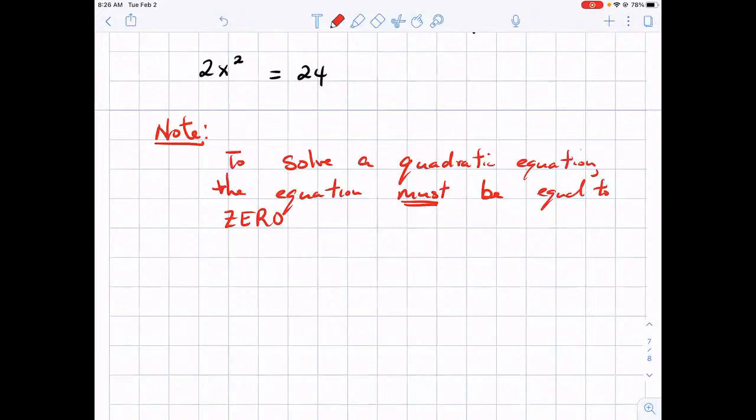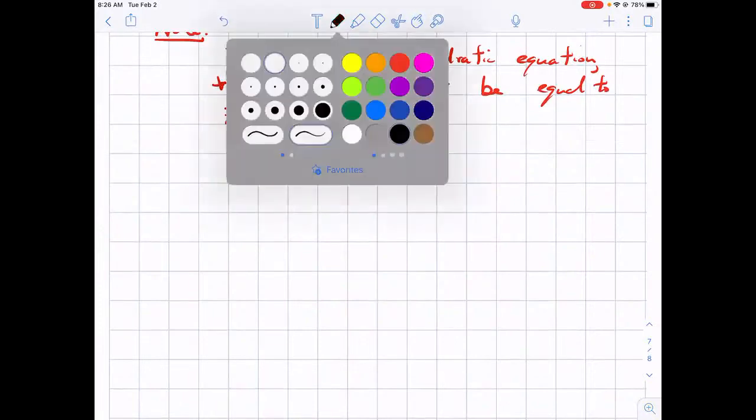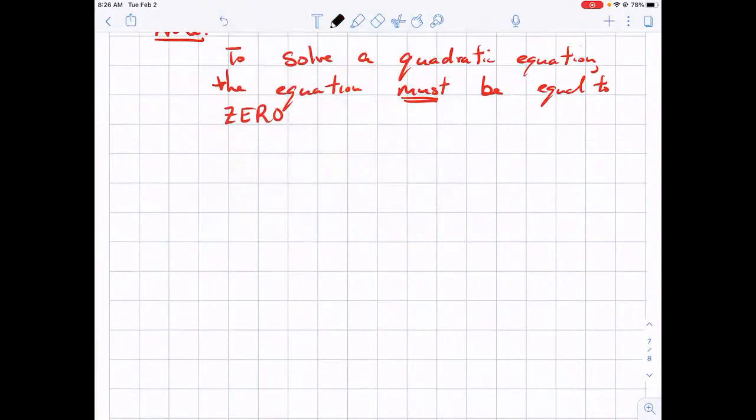So if we have, for example, x squared is equal to 16.